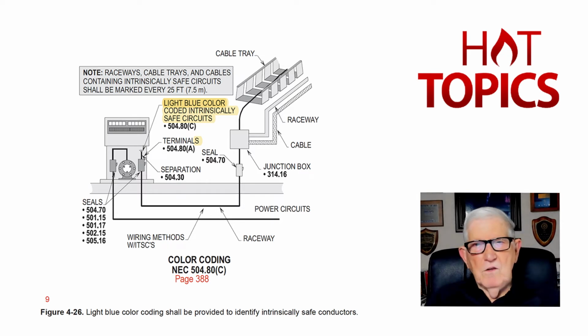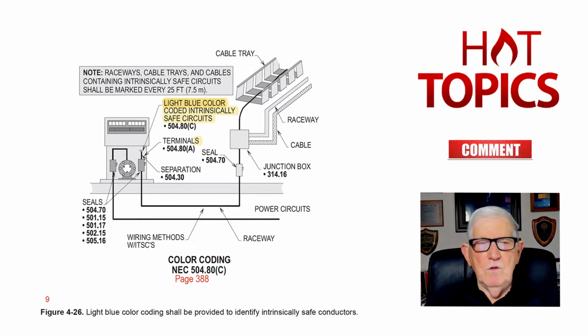Now, notice that in the note, it talks about raceways, cable trays, and cables containing intrinsically safe circuits shall be marked every 25 foot with a light blue color. Now we use the light blue again to distinguish these circuits from other circuits and don't mess with them without you have a reason to be there.